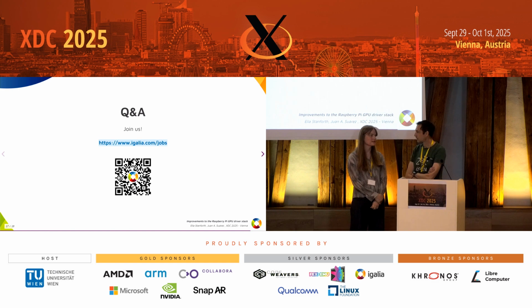What's in Raspberry Pi releases? I don't know. Sorry, can you repeat the question? Okay. Can you hear me? Okay. The first question, how much of it is already available publicly in Raspberry Pi OS, like official releases? Okay, so the optimizations are in the stable version, it's already merged there, but I'm not sure, I don't remember, because Raspberry Pi OS is based on the Debian version, so I don't remember exactly.